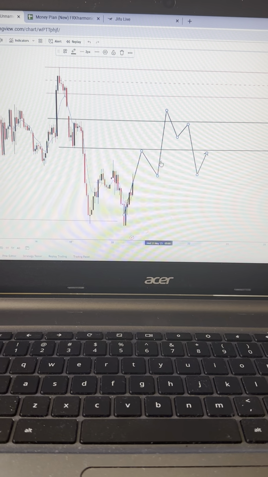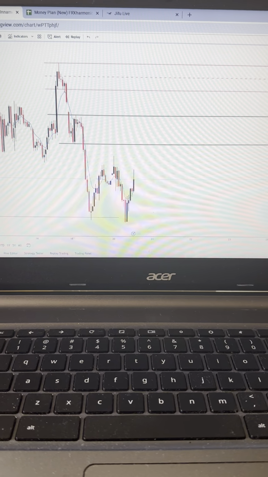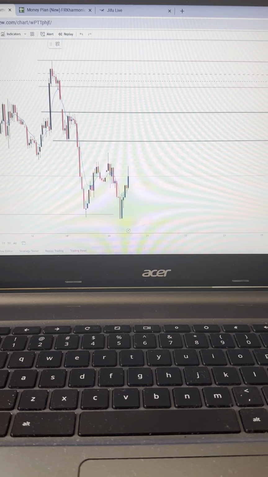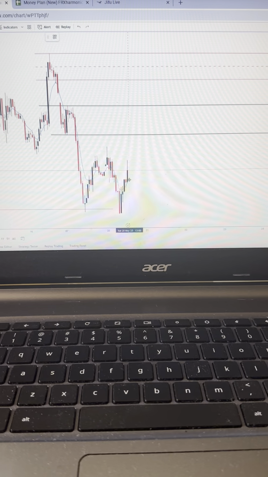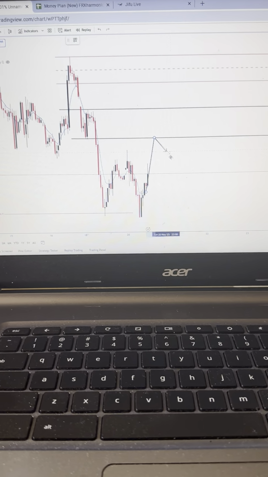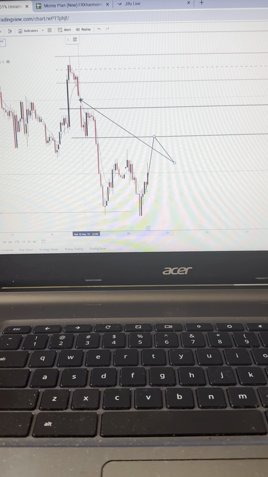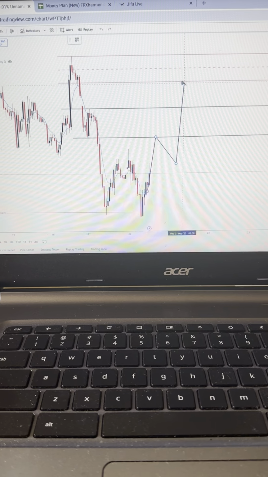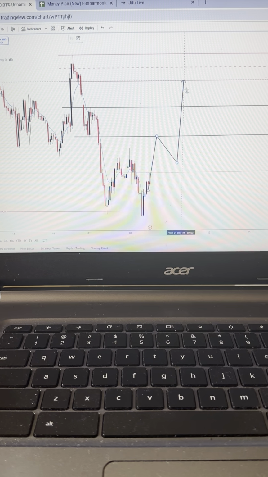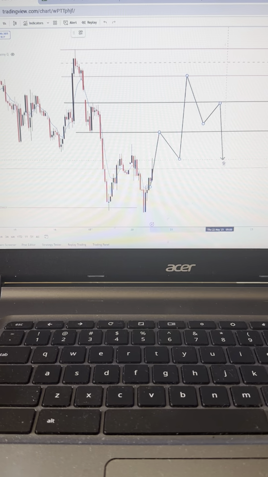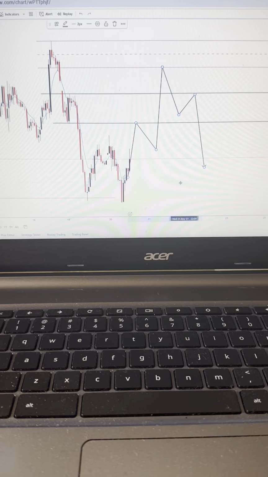Or, right, the market could just simply push up to the higher zone, fill this gap, liquidate this area here, and then give us the drop, right? It could do that as well.